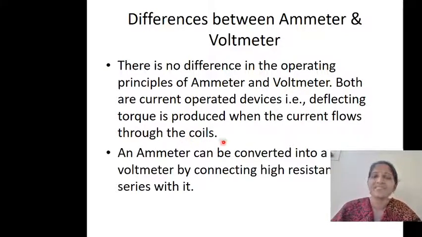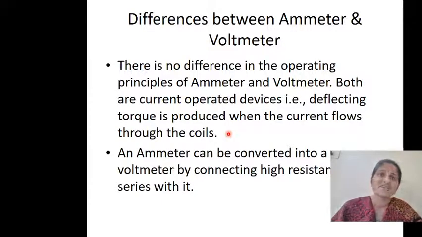The difference is that for an ammeter, the deflecting torque is proportional to the current flowing through the device, whereas for a voltmeter, the deflecting torque is proportional to the current, which is proportional to the voltage. That is the only slight difference, but both are current operated devices only.